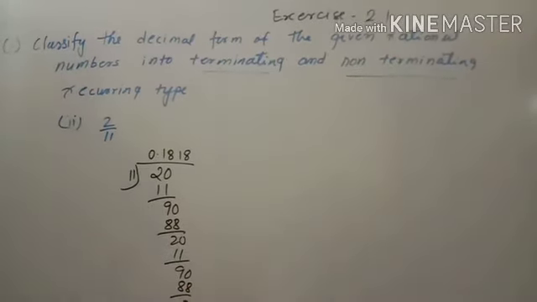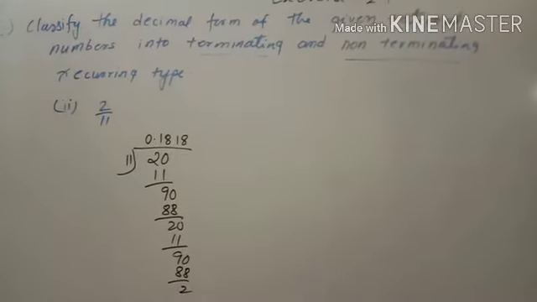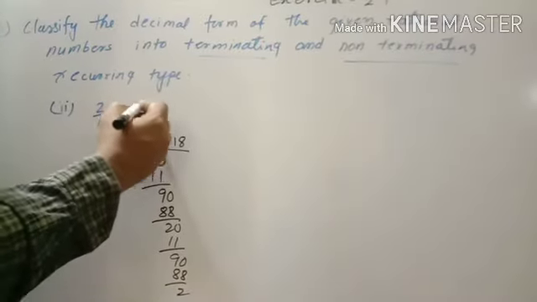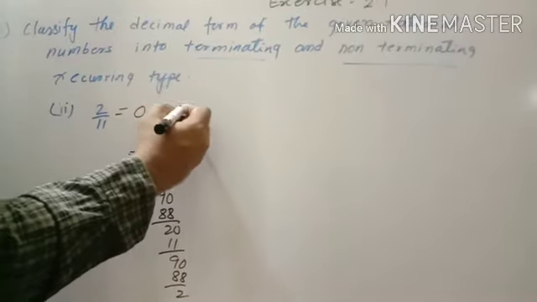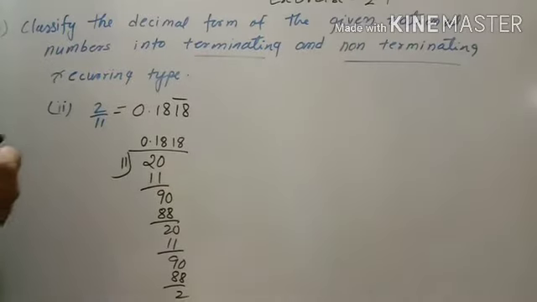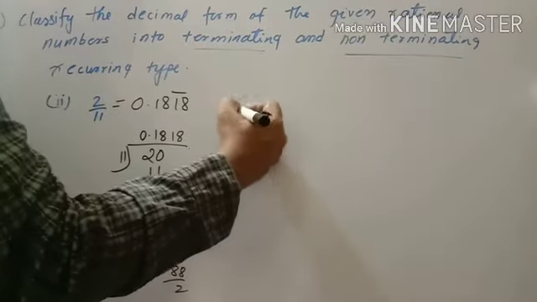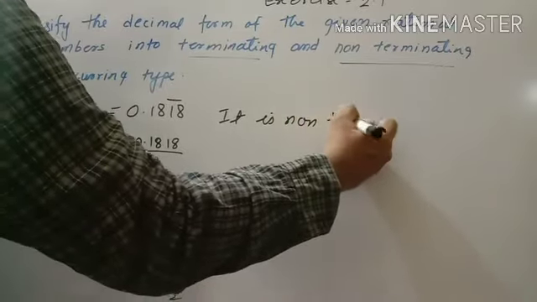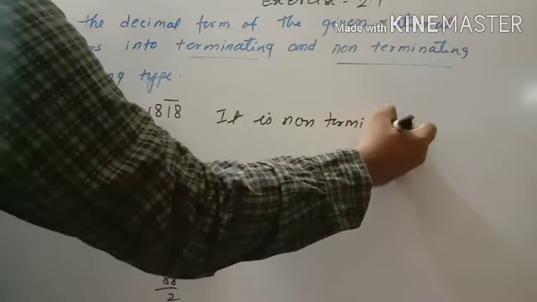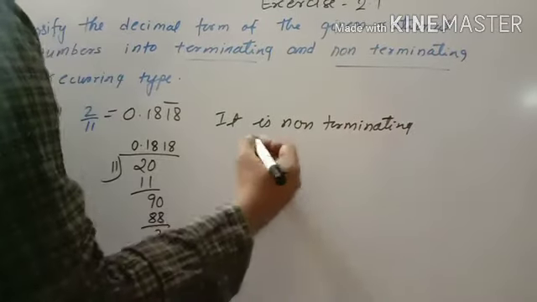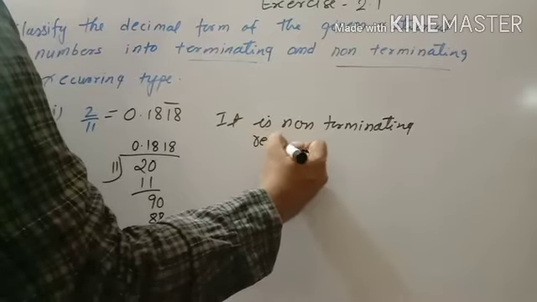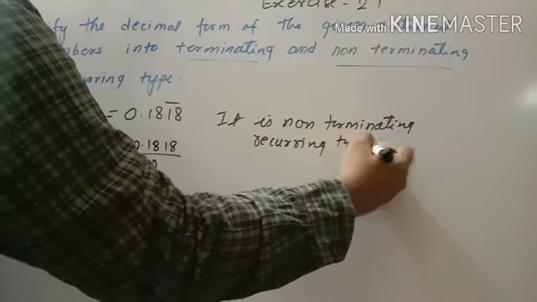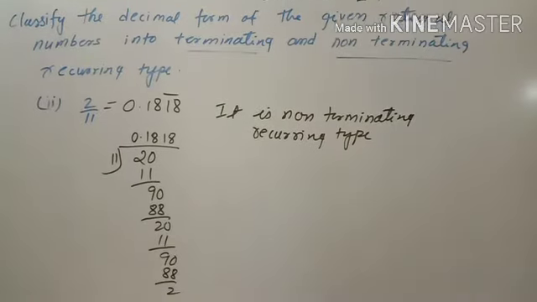This repetition goes on again and again. So the answer for this is 0.1818, repeating, so it is non-terminating. It is non-terminating recurring type.